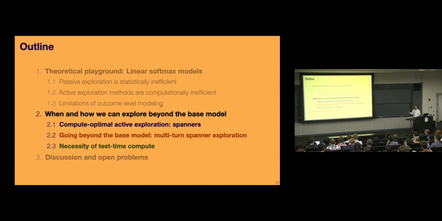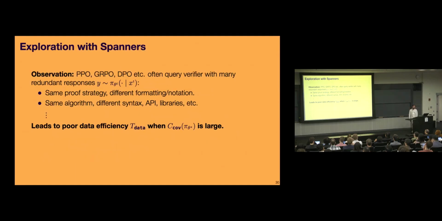Okay, so let me start with this first technique, this exploration technique we call spanner sampling. The basic motivation for this is if you think about any of these algorithms I was describing as passive exploration, passive learning, all of these can be very wasteful in terms of the amount of data they use when the coverage is large, just because you might query your verifier with a lot of redundant responses that don't really help learning.